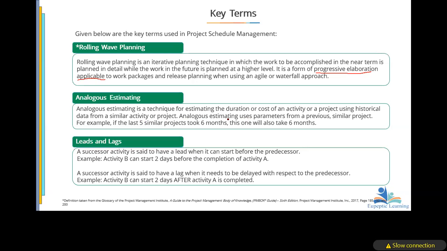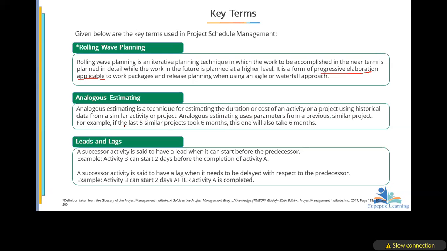You see, this estimate uses parameters from a previous similar project. So the issue of mathematical formulas or algorithms or models does not come in here. You see, the last similar project took 6 months. So you are assuming that this one will also take what? 6 months.